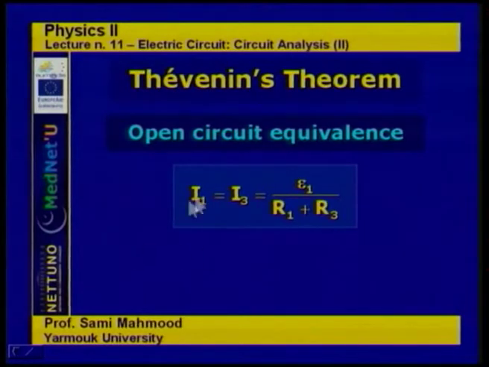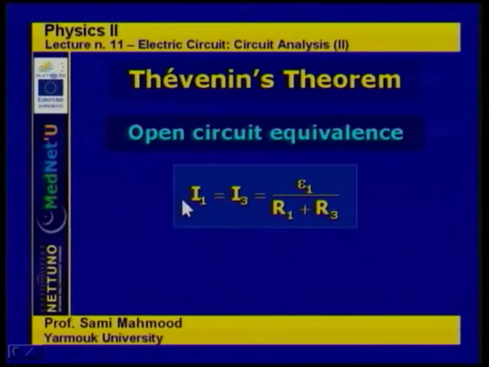concepts, we have I1 is equal to I3 in the open circuit geometry, because the current only flows in the one loop. We have an open circuit, so the current is not flowing outside into R2.